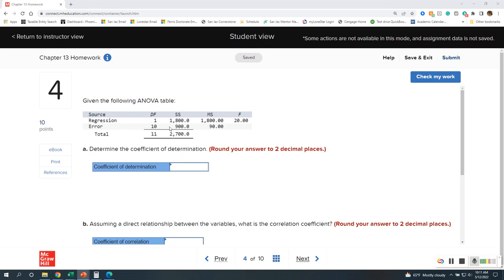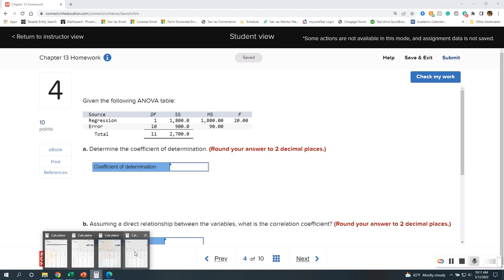So, we can take it two different ways. We can take SSR, divide by SS total, or 1 minus SSE, divide by SS total. Since we do already have the regression, we could go ahead and just take the numbers. Calculate.